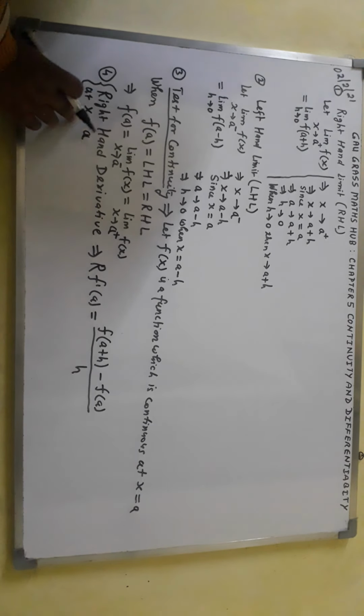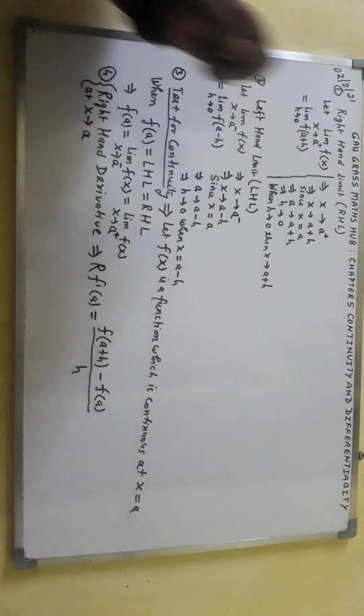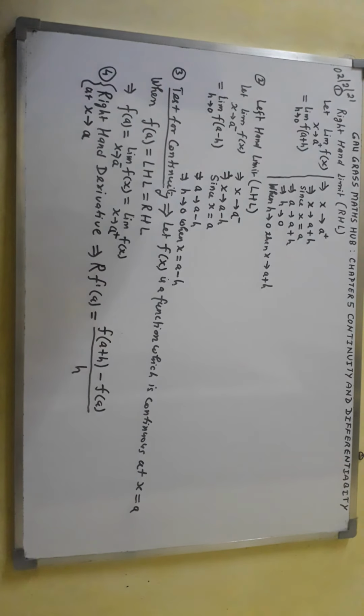Here you can write x tends to a, right hand a plus h. Here you can see x tends to a plus h. That's why a plus h is written. This is the formula you must remember.